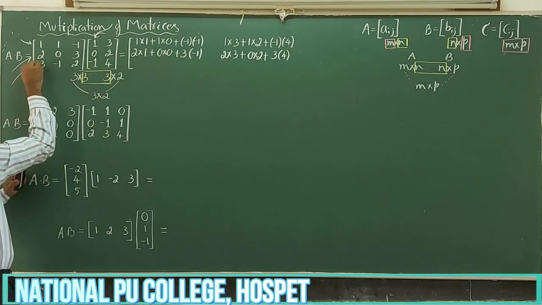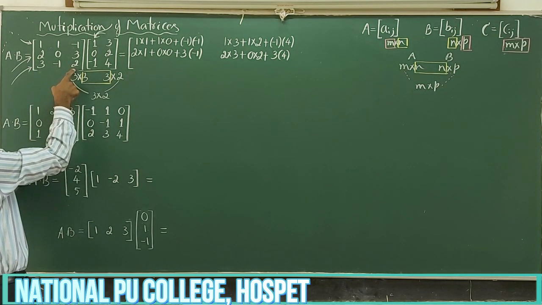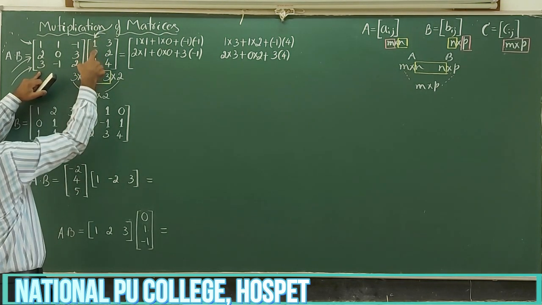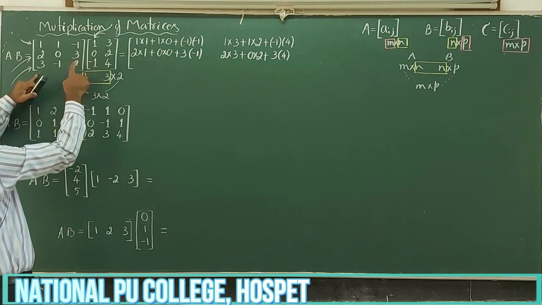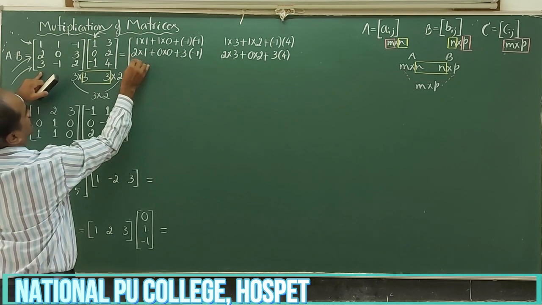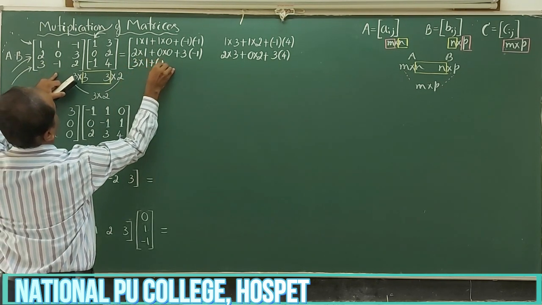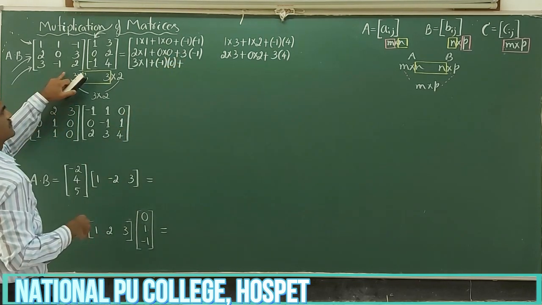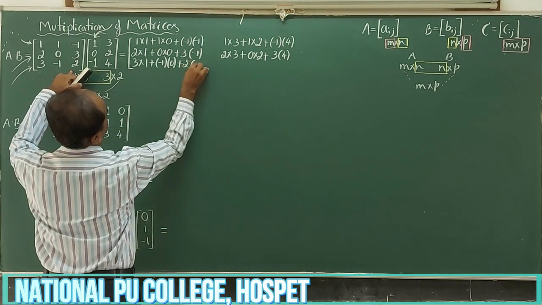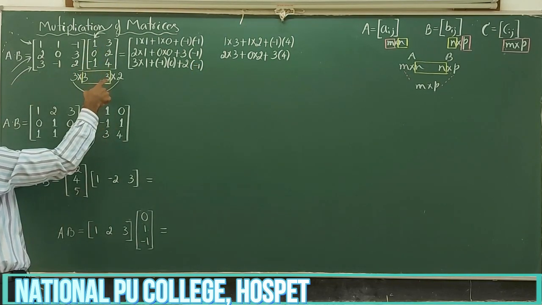I repeat this by taking third row elements. 3, minus 1, 2. Start with first column. 1, 0, minus 1. What are the pairs? 3, 1, minus 1, 0, 2, minus 1. 3 into 1 plus minus 1 into 0 plus 2 into minus 1. Now third row, second column.